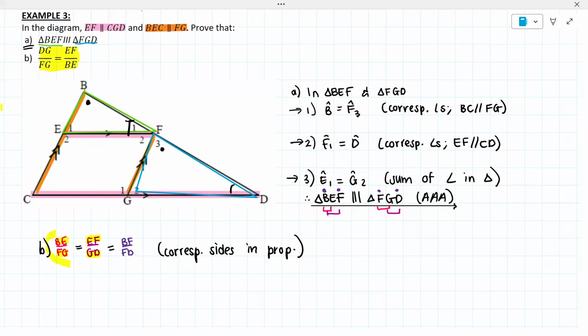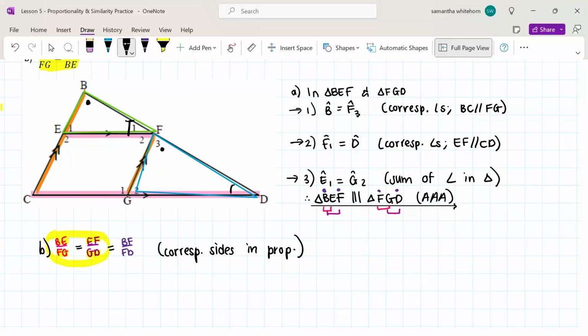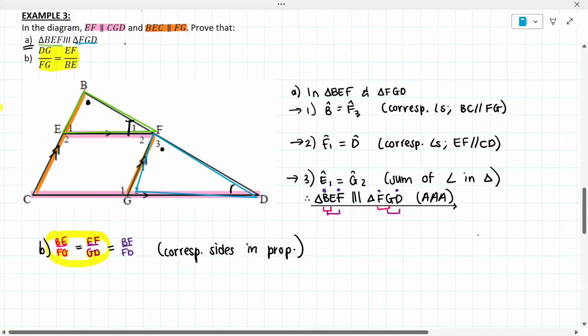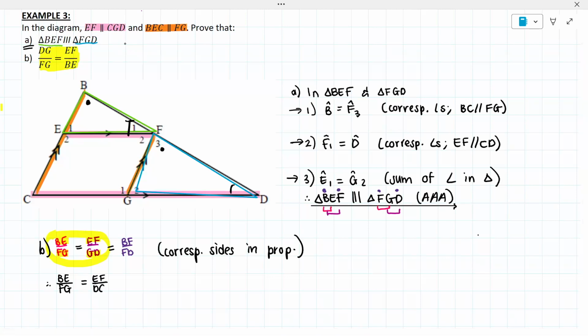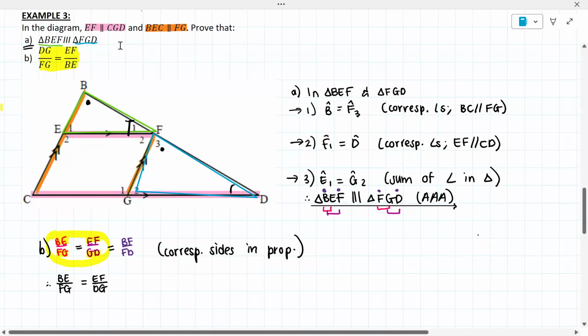So I actually want to work with the first two ratios in order to prove the statement is true. So if I write those down, BE over FG, obviously you don't have to rewrite them if you don't want to, is equal to EF over, and I'm just going to swap the D and the G around, just to put it in alphabetical order, it really doesn't matter though.